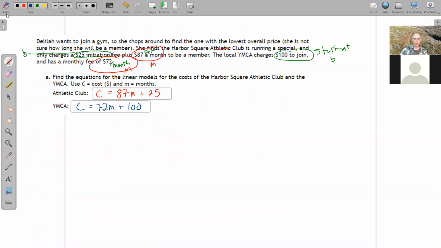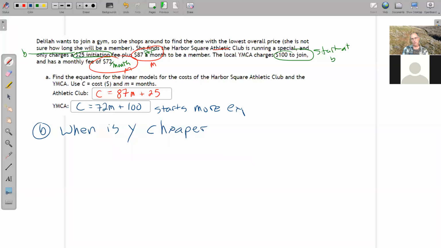So to answer part B, when is the Y cheaper, we just set these two equal to each other and find where they're about the same, and then the Y will be cheaper after, because it starts off more expensive but it's cheaper per month.